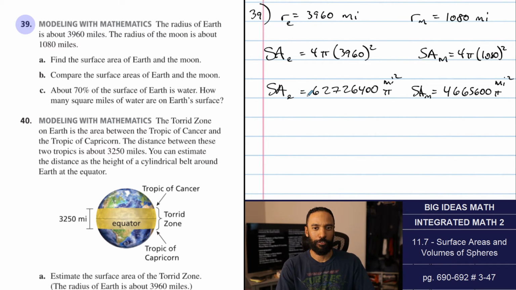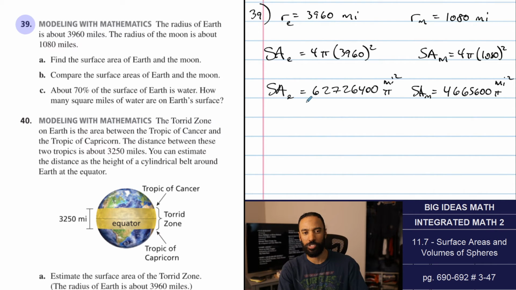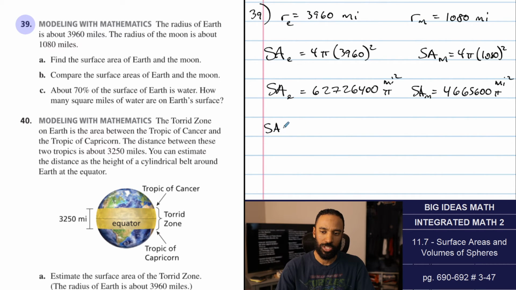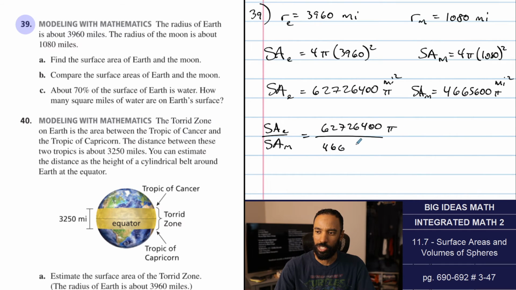Let's leave it like that for a brief moment. They said compare the surface areas of the Earth and the moon. That means we have to do a division. So let's do Earth over moon: surface area of Earth over surface area of moon. So 6272640 pi over 4665600 pi.